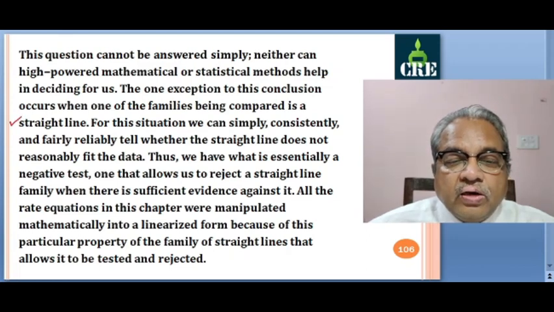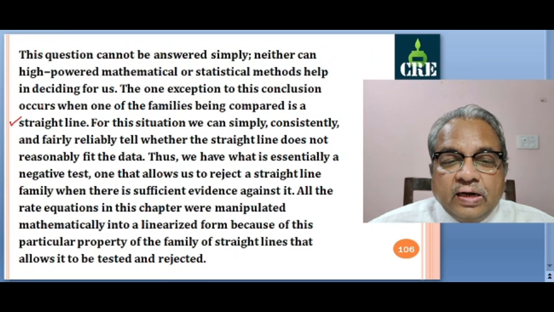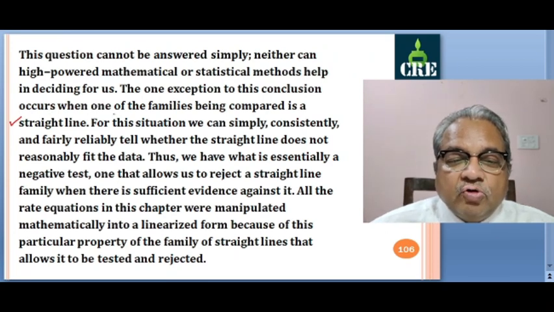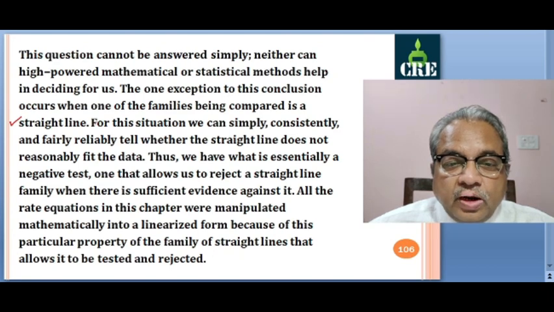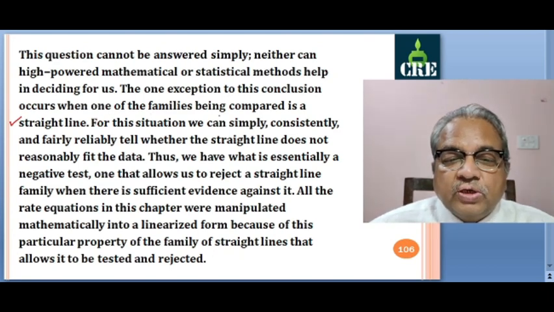So we integrate the rate law, derive the integrated form of the rate law, and express our results in y = mx + c or y = mx form. For this situation, you can simply, consistently, fairly and reliably tell whether the straight line does not reasonably fit the data or whether it fits the data.